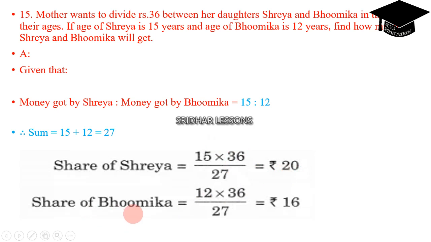And share of Bhumika is equal to 12 by 27 into 36. And here it is 16 rupees after cancellation, simplifying the numbers. And this is how Shreya and Bhumika are going to get their money according to her mom's proportion, basing on their age. Next.